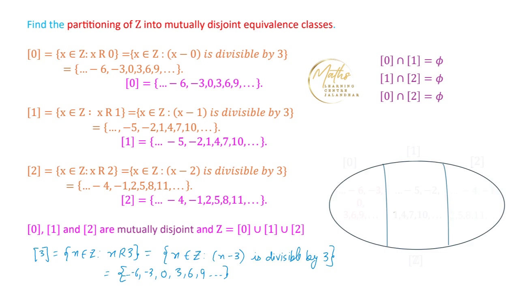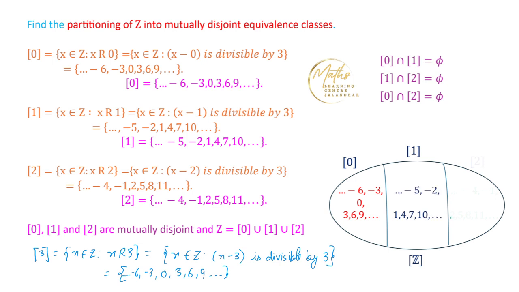So we can look at this figure over here. We have this complete figure representing the set of integers. We have the equivalence class of 0, which has the elements 0, 3, 6, 9, then -3, -6, and so on. Then we have the equivalence class of 1, with the elements 1, 4, 7, 10, and so on, and -2, -5, and so on.